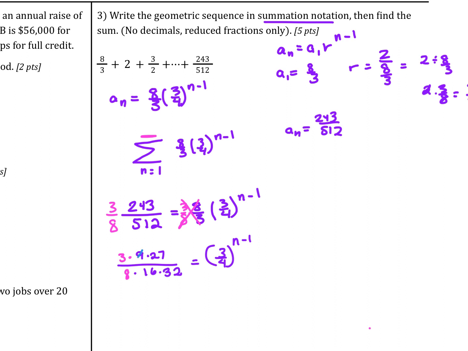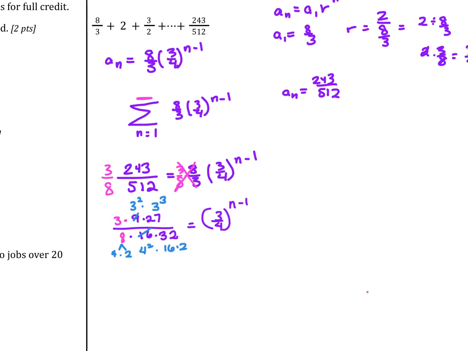So I can rewrite 9 as 3 squared, and 27 is 3 to the third. And then 16 I can write as 4 squared. 32, that's a little tricky, but that's 16 times 2. And then 8, I can say that's 4 times 2, right? I'm trying to make 4s, and so I see there are going to be 4s in here. Now, the numerator, I have 3 to the first, 3 squared, and 3 to the third.